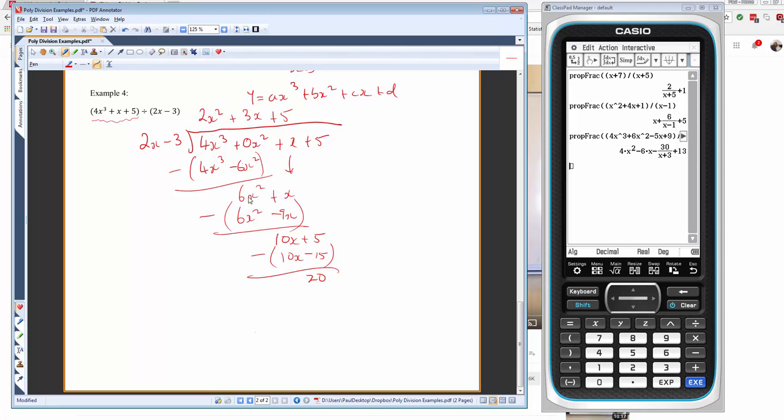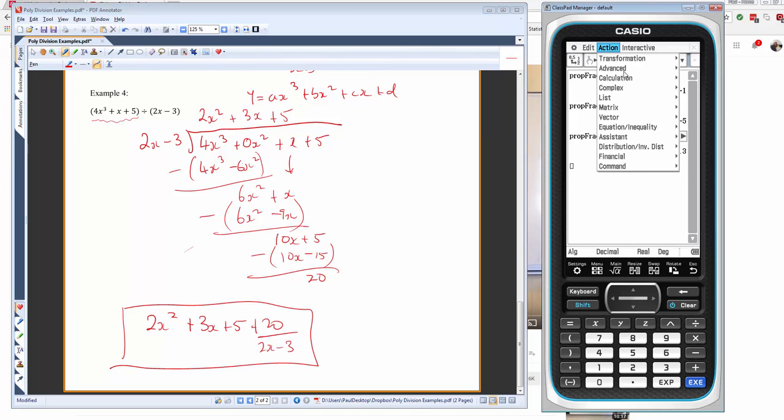So, to express our quotient, it's 2x squared plus 3x plus 5 plus the remainder over what we were trying to put into it, 2x take 3. And there is our quotient. So this is basically saying that this goes into this many times. Okay, again, really important to check your working out.